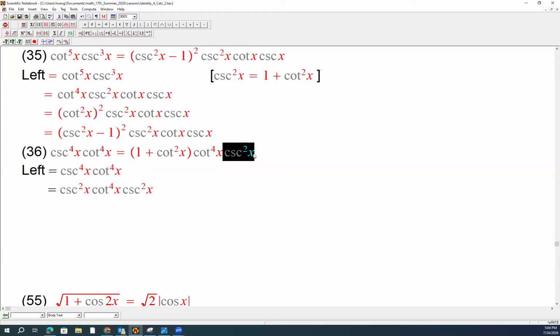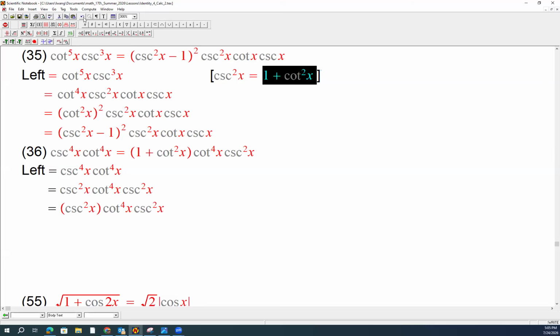So there's a match here. And then we just have to convert everything besides cosecant squared to cotangent. So this piece will be replaced by 1 plus cotangent squared. Boom, done.